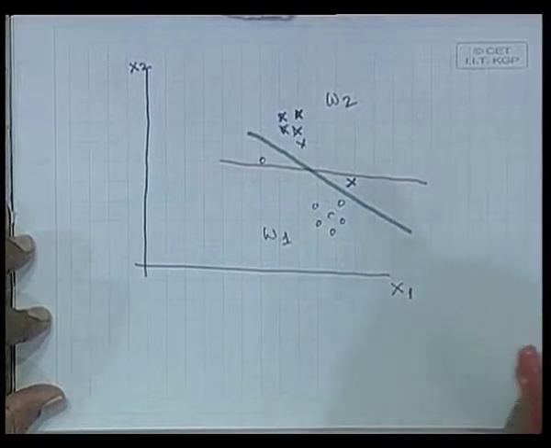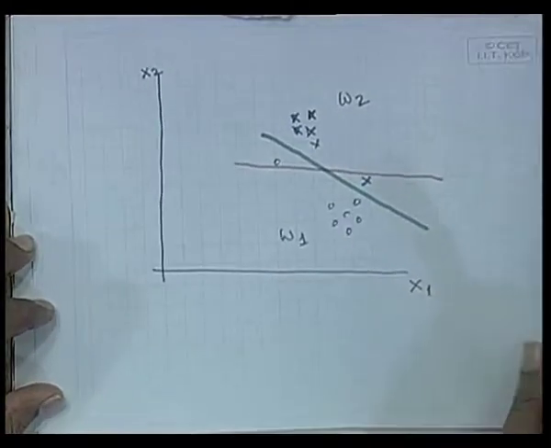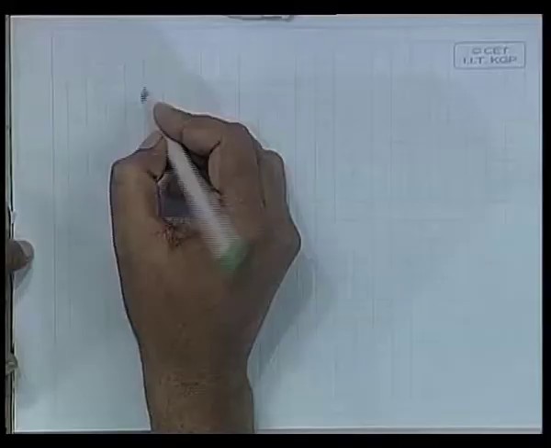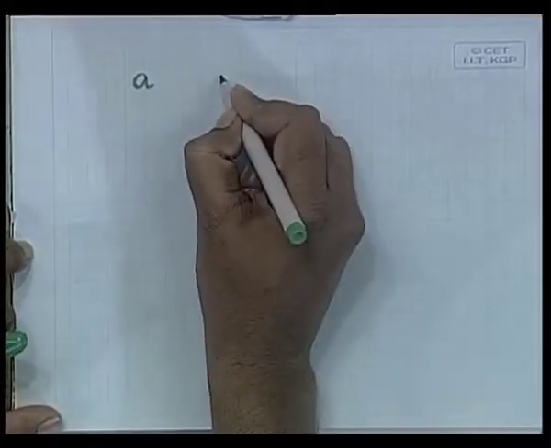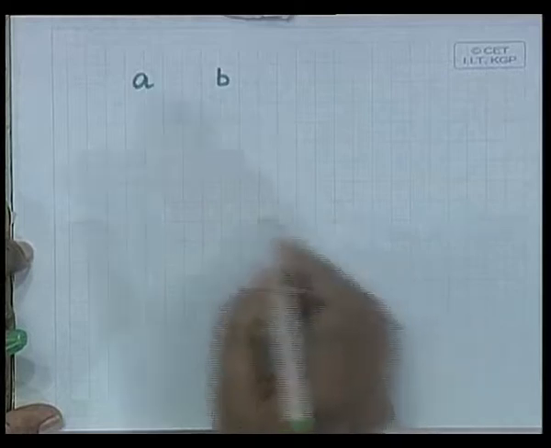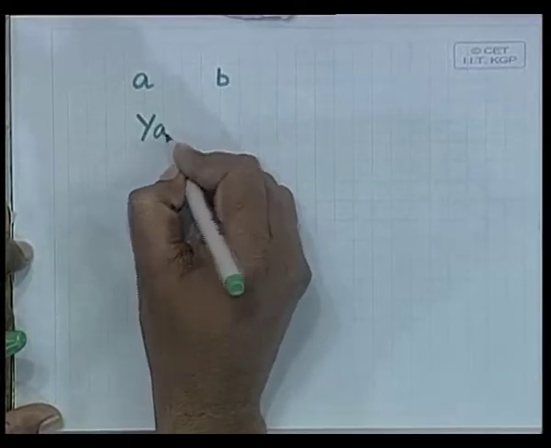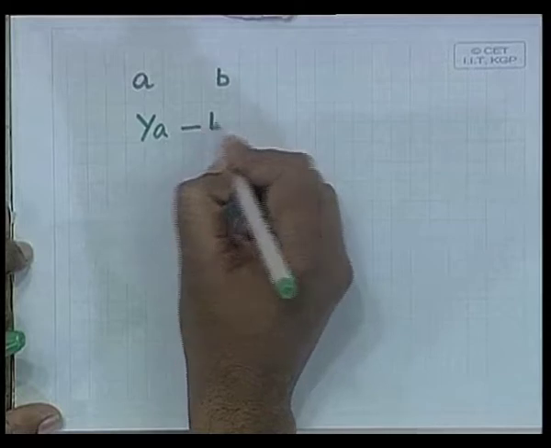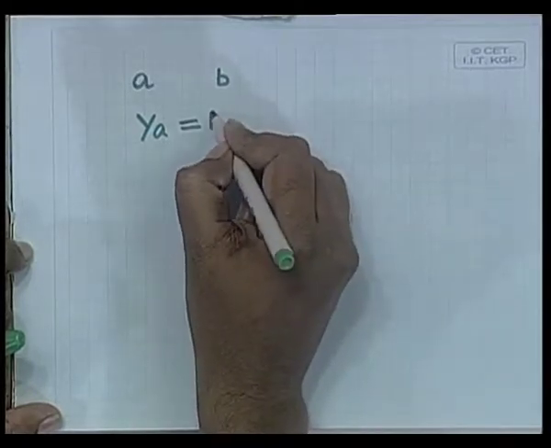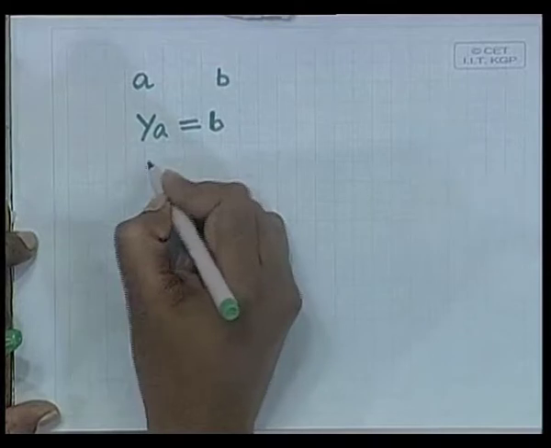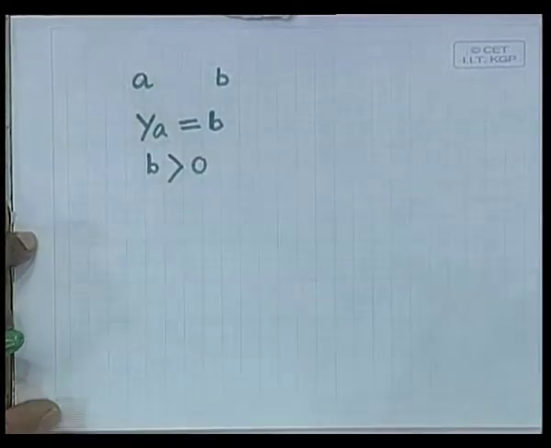Though this MSE, or minimum squared error based criteria function, may lead to this kind of problem, however, it can be shown that if the classes are really linearly separable, then it is possible to have some weight vector A and some margin vector B, where Y A is equal to B, where this B is greater than 0.